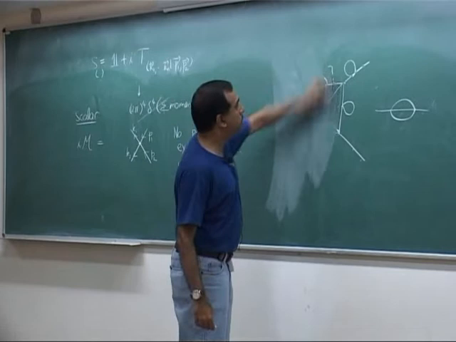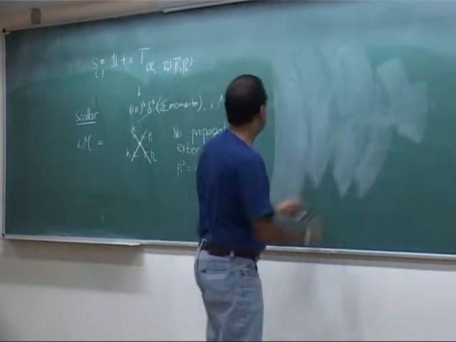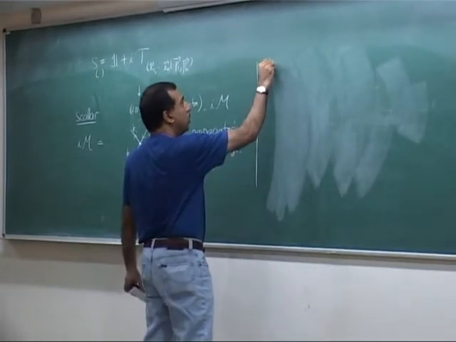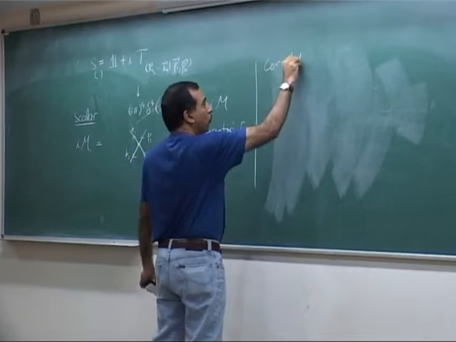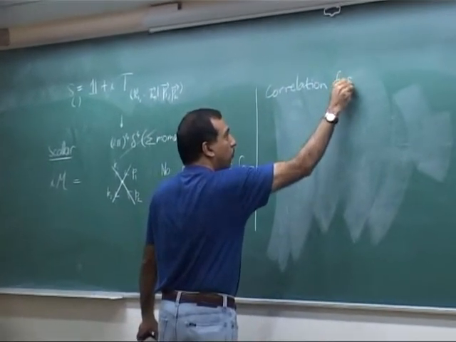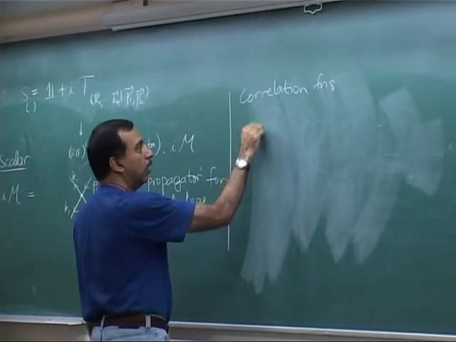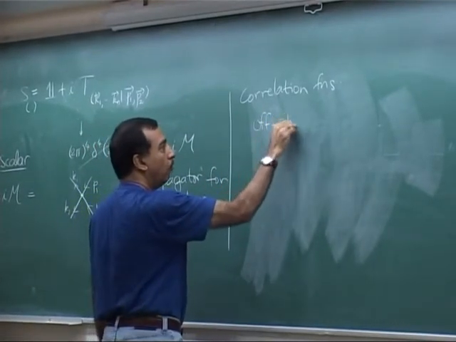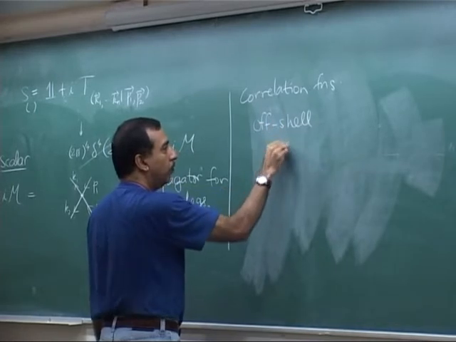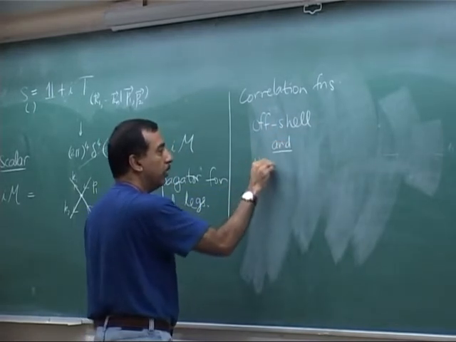There are also others for this conclusion, which is that correlation functions should be thought of as ingredients rather than physical quantities, and they are both off-shell and they have external propagators.